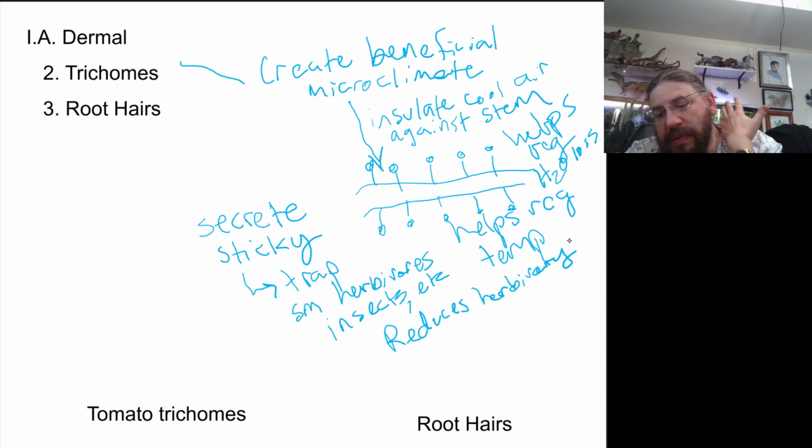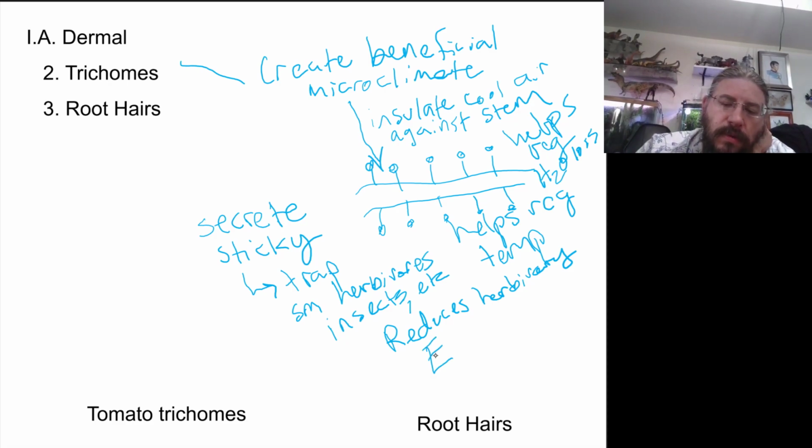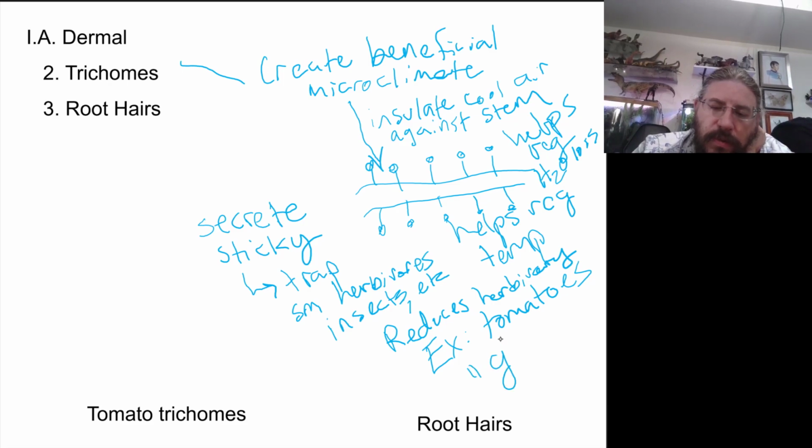I like plants, so tomatoes. The trichomes of tomatoes secrete a sort of glue that sticks those insect herbivores to the trichomes. So it's a pretty effective defense.